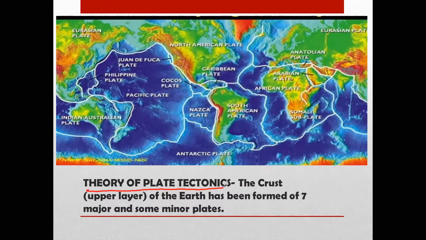So according to this theory, the crust or the upper layer of the earth has been formed of 7 major and some minor plates. The cracks that are present on the earth, these are basically called plates. And thus, the theory states that the crust is made up of these type of 7 major and some minor plates.